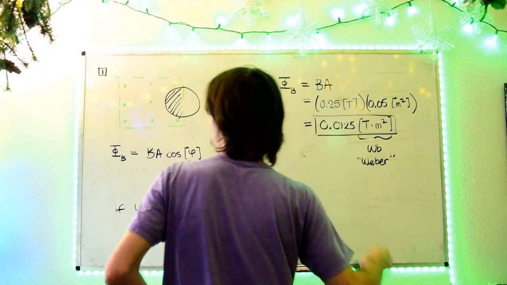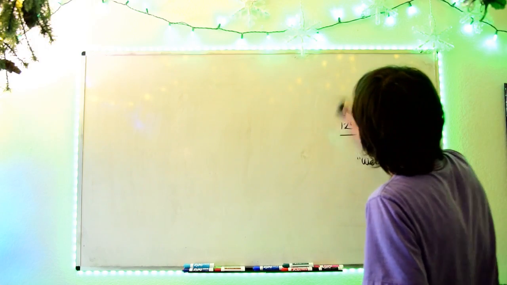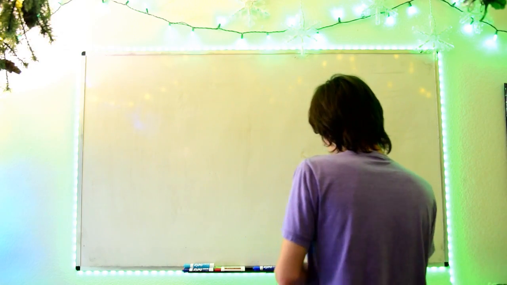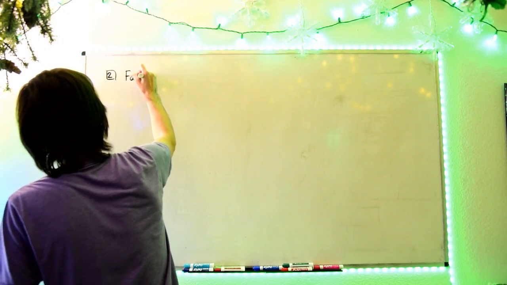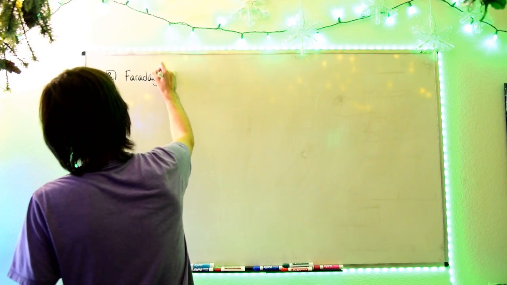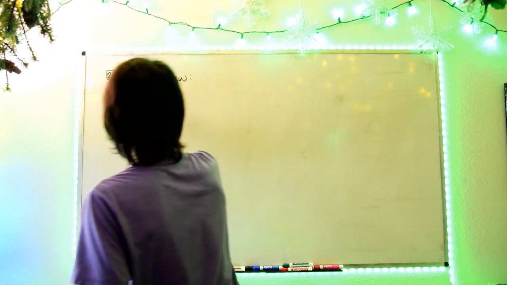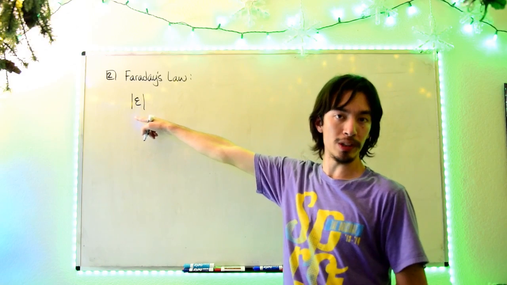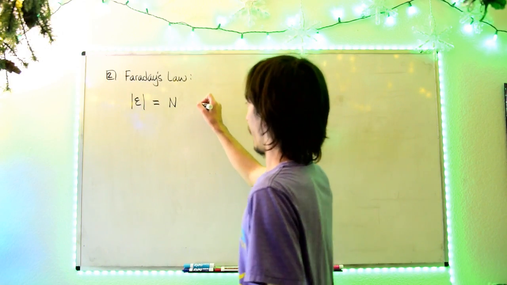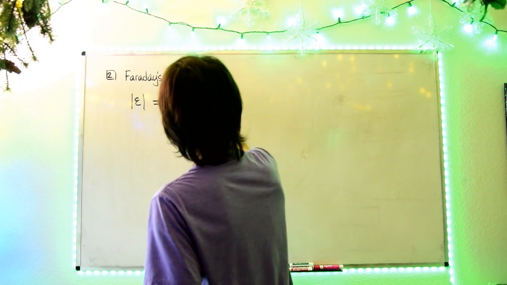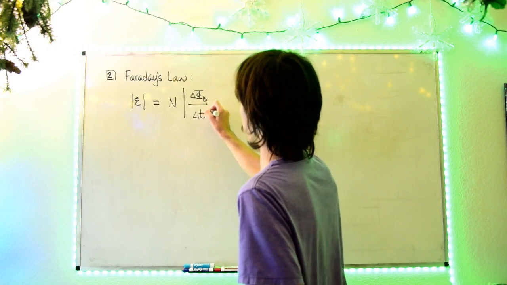So for this one, for 2, it's Faraday's law, which states that the magnitude of the induced EMF or the voltage is the number of loops or coils you have and the change in flux, which is the most important part, over a change in time.